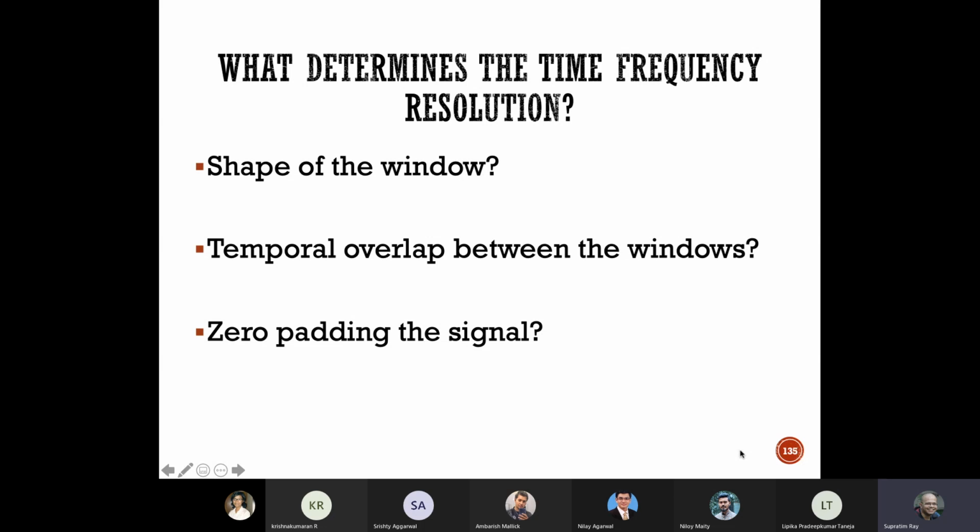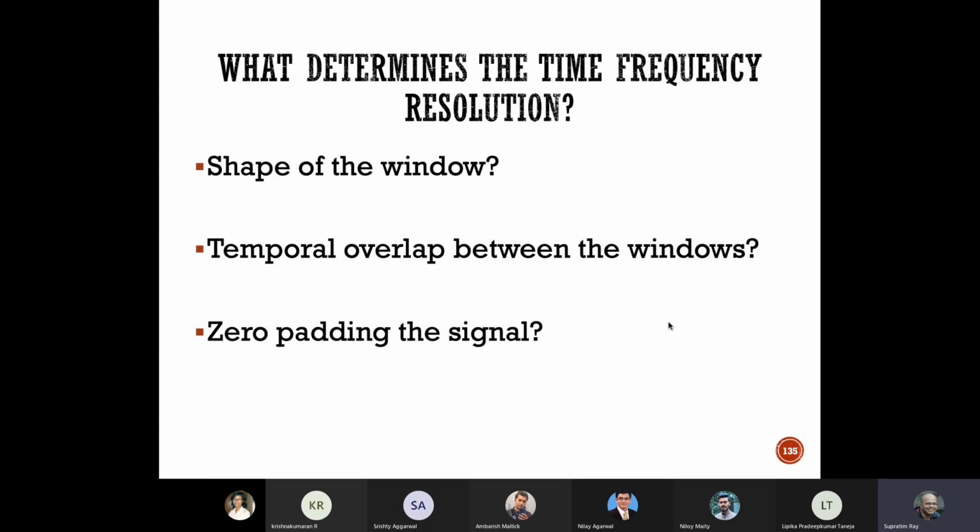Okay, so in the last class, we were discussing temporal overlap between the windows and how that does not improve the time resolution. This is very similar to the fact that if you oversample a signal more than the Nyquist rate, you're not doing anything better than what you were doing before.